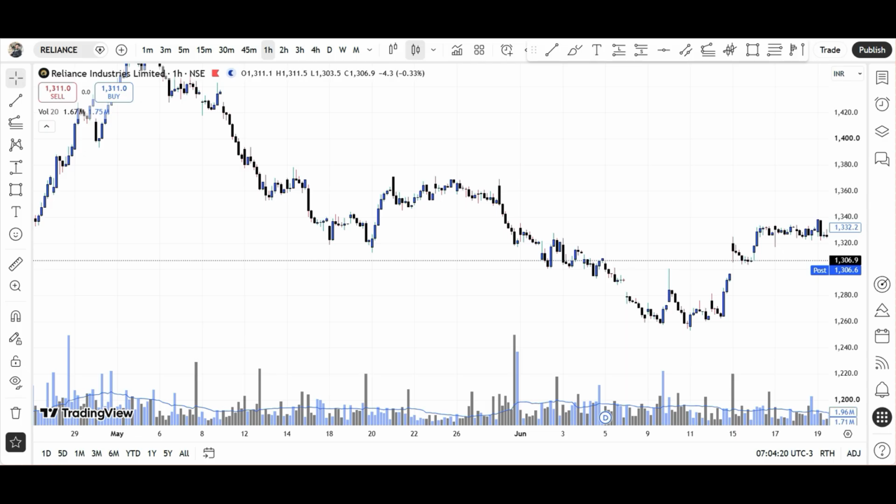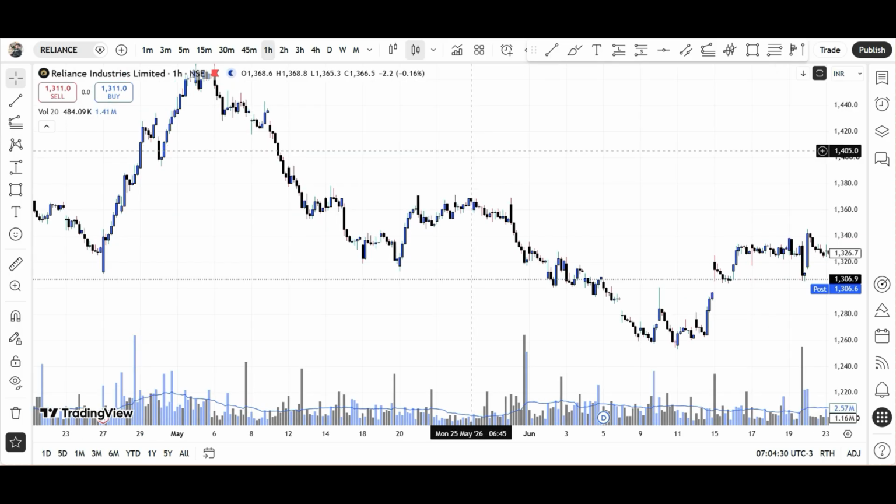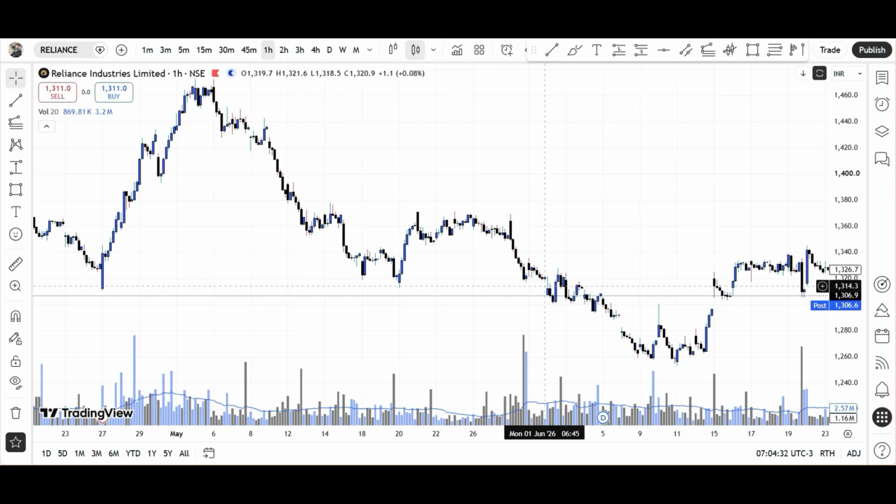But on the next candle, buyers suddenly step in. The second candle opens lower, but buyers push price back up and the candle closes near the previous candle's closing level. This is called a bull counterattack. The important message here is sellers were in control, but buyers fought back aggressively.